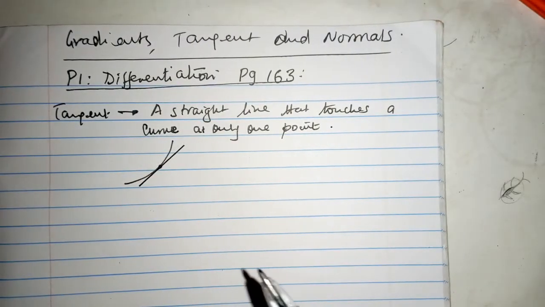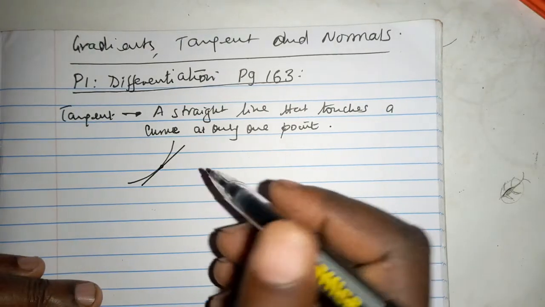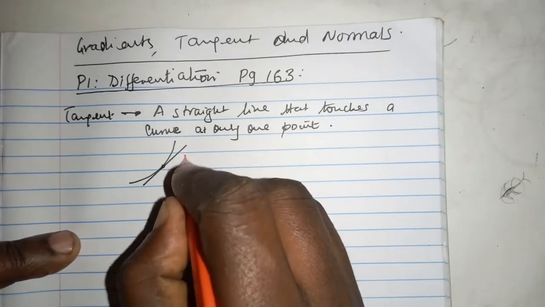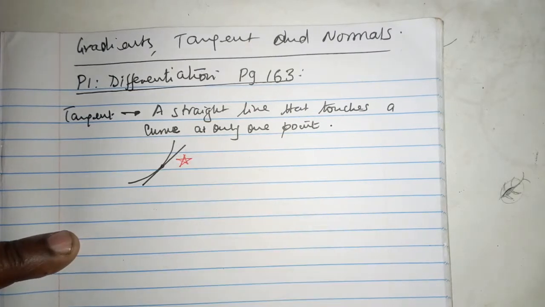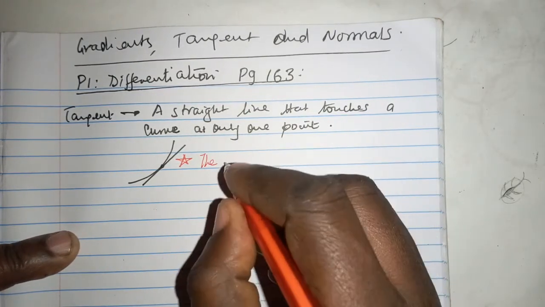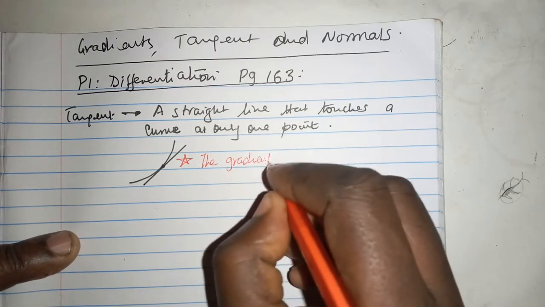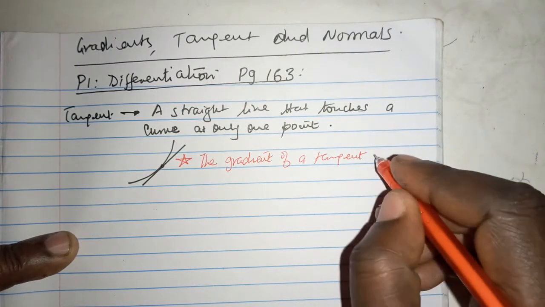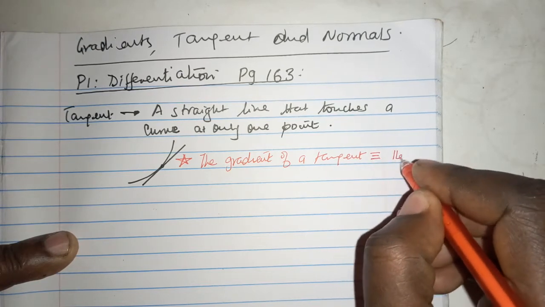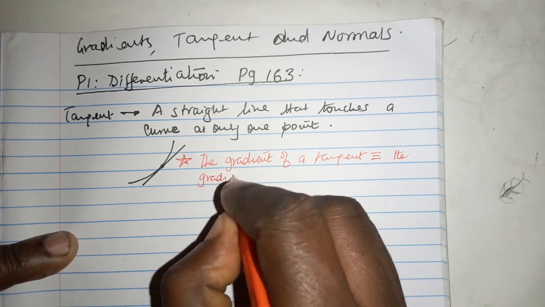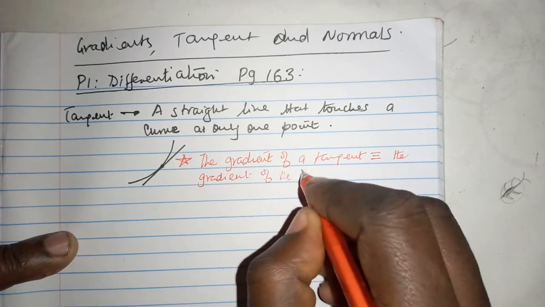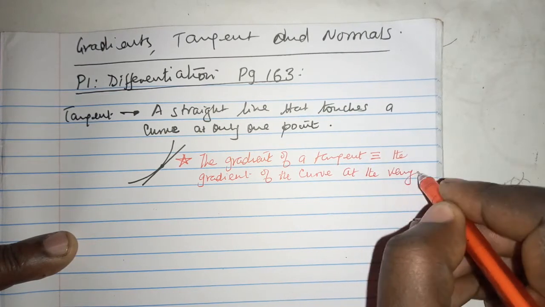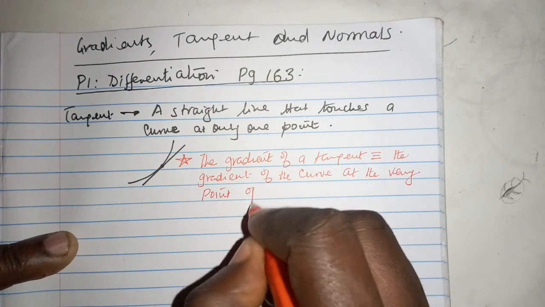That is a tangent. And the special feature of the tangent in this particular video is that we have to highlight and say the gradient of a tangent is exactly equal to the gradient of the curve at the very point of contact.